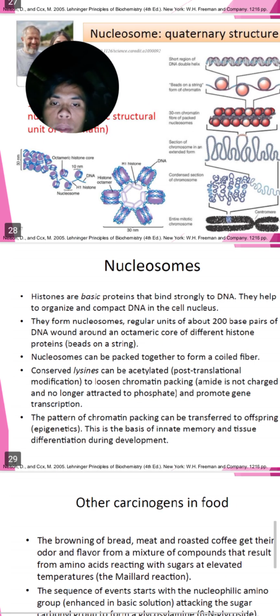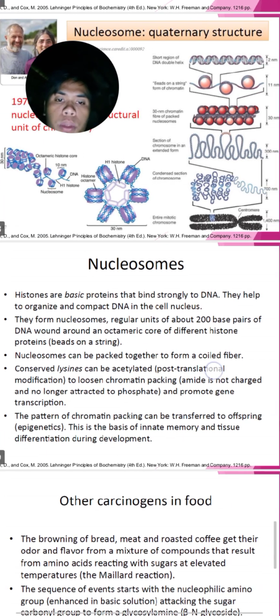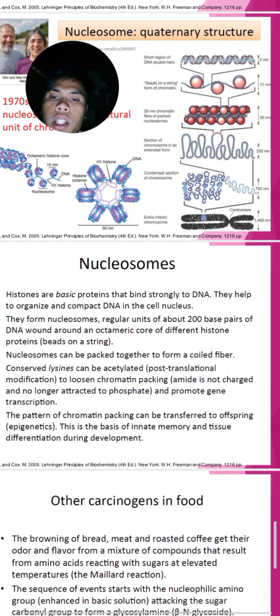So the nucleosomes: histones are basic proteins that bind strongly to DNA. They help to organize and compact DNA in the cell nucleus. They form nucleosomes, regular units of about 200 base pairs of DNA wound around an octameric core of different histone proteins. Nucleosomes can be packed together to form a coiled fiber, and conserved lysines can be acetylated, a post-translational modification.